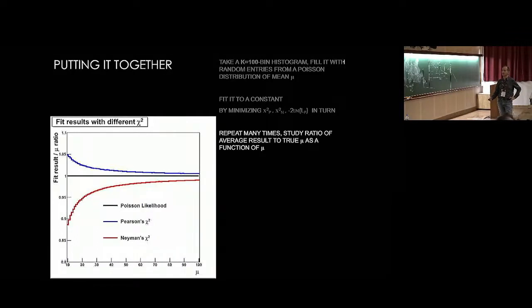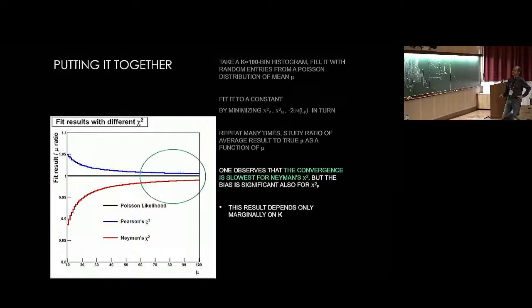In this case, I was at 50 here. And what I plot is the result of the fit divided by the true value of the rate, which allows me to assess what the bias of the Pearson's chi-square, the Neyman's chi-square, and the likelihood is. So you see that the bias does not go away when the mean is large.